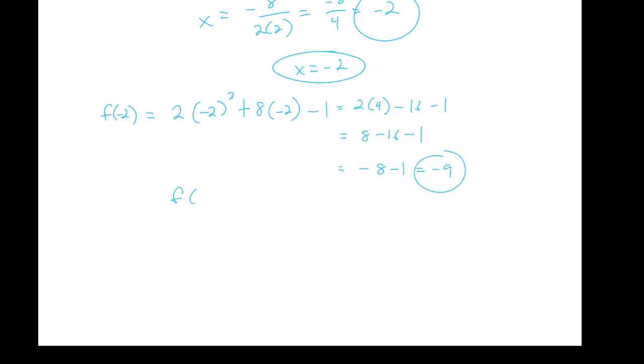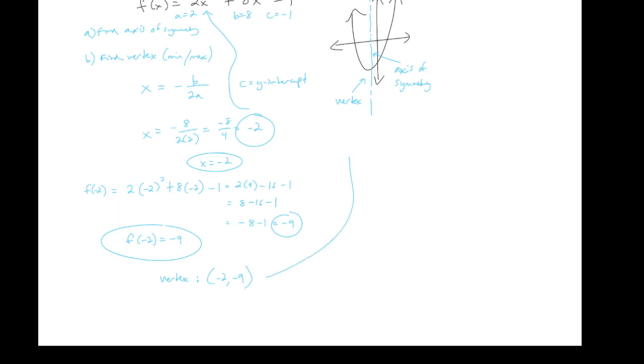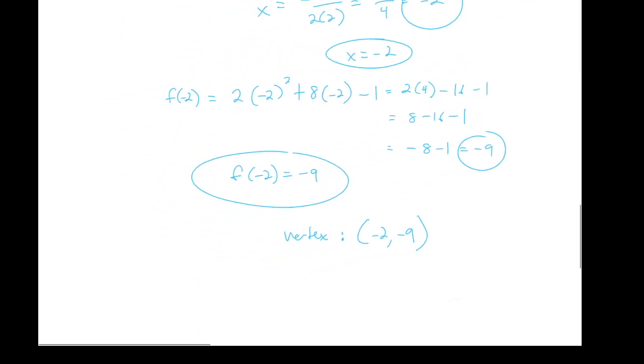So the f of -2 is equal to -9, or in other words, the vertex is the following coordinate: -2, -9. All right? That is this, okay? It's that vertex. It's that very bottom point of our function.